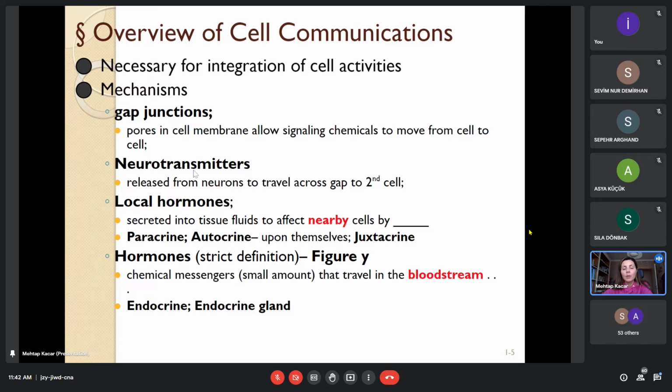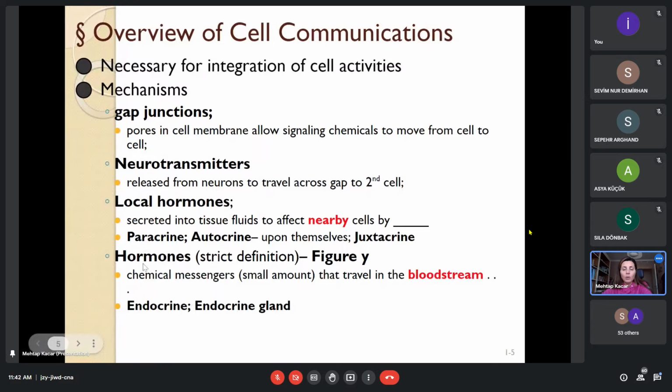The other one, neurotransmitter: we release some neurotransmitter from our neurons, and this neurotransmitter travels across the gap to second cells. The second cells may be another neuron, sometimes skeletal muscle cells, sometimes cardiac muscle cells. Local hormones are secreted into the tissue fluids to affect nearby cells by paracrine, autocrine, or juxtacrine effect.